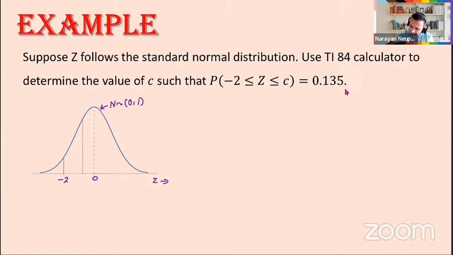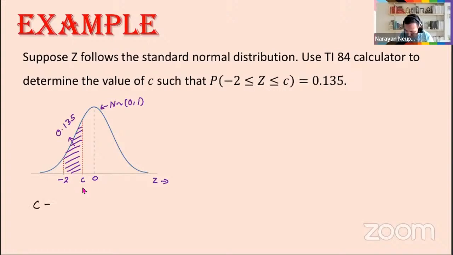So if that is C, then this area here is 0.135. Now what we are asked to do is find the value of this C. Let me write it down.